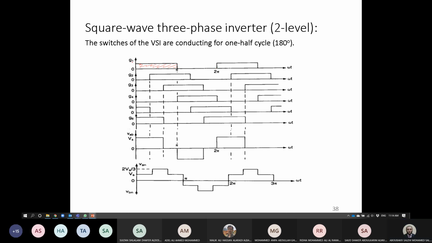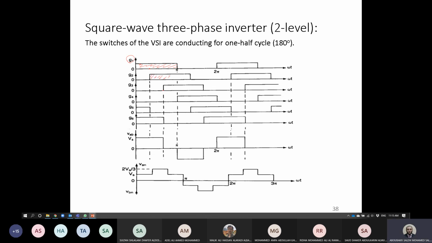You can make the sequence like that. Start by G1, which is the gating pulse of switch 1, then 2, 3, 4 in that way, and keep a phase shift between each switch of 60 degrees. So here at pi over 3, we will start the second switch.